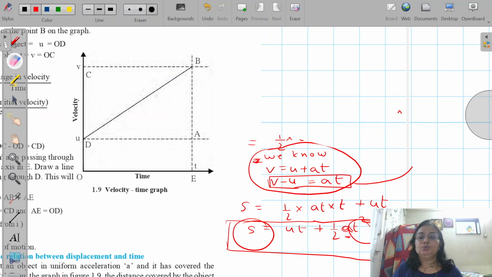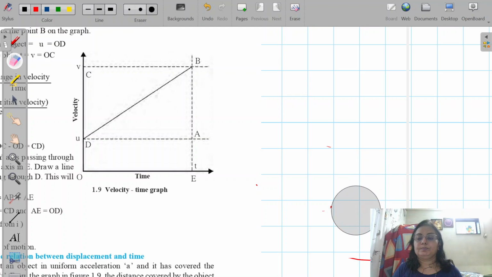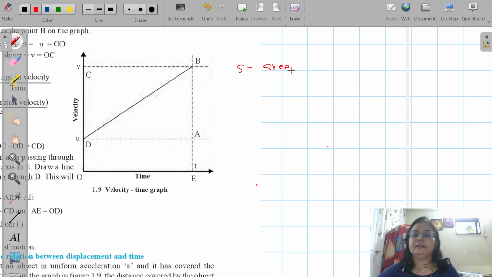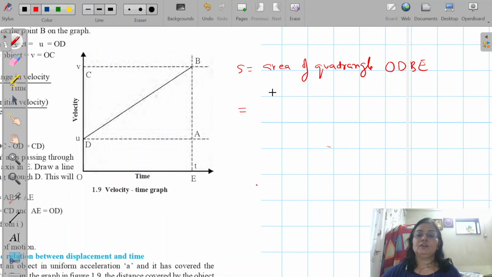Now let's move on to the third equation of motion. Now distance is given by the area of quadrangle ODBE. And what is the area of this quadrangle? This is the area of a trapezium. The sides are parallel. And what is the area of a trapezium here?